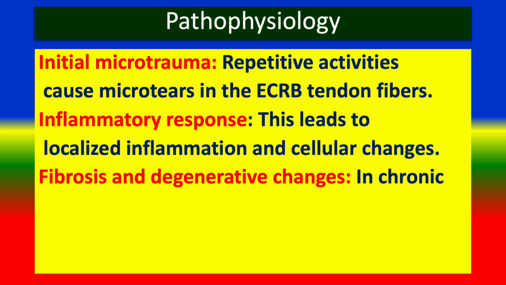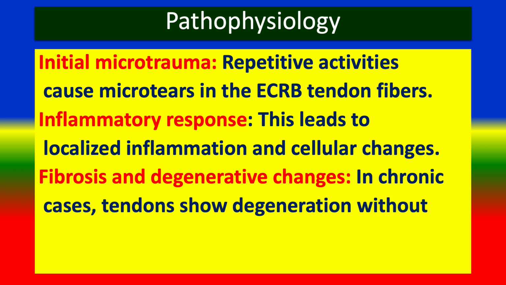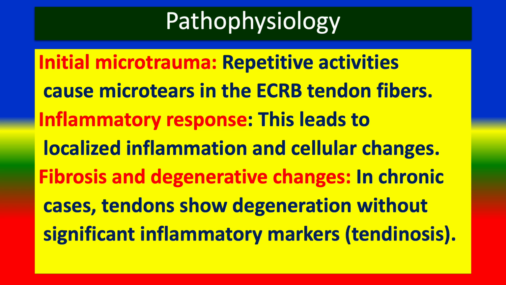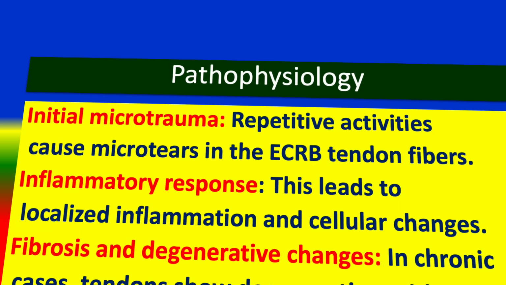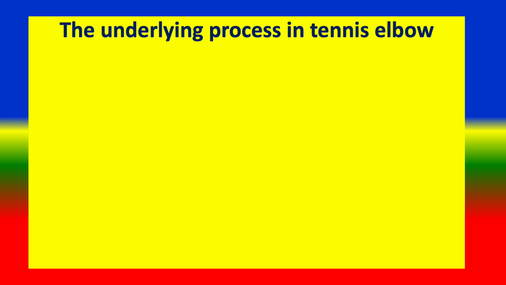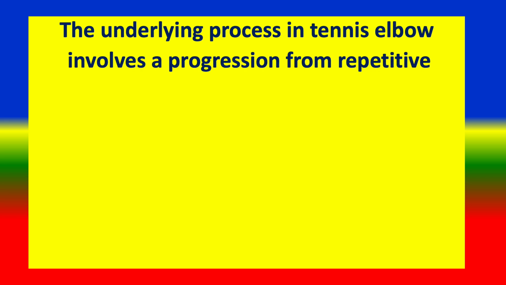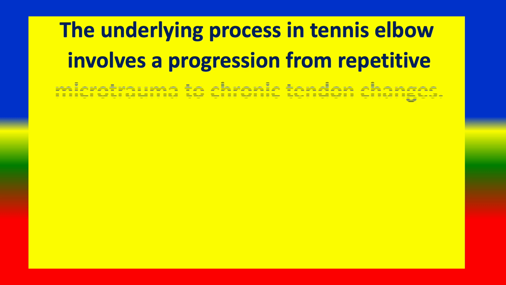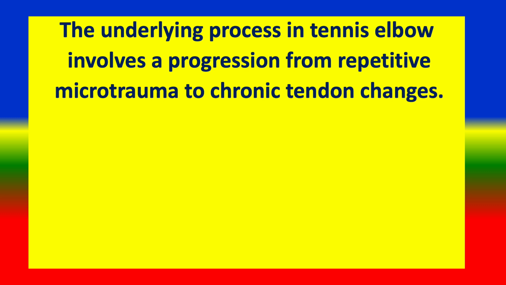Fibrosis and degenerative changes: in chronic cases, tendons show degeneration without significant inflammatory markers. The underlying process in tennis elbow involves a progression from repetitive microtrauma to chronic tendon changes.